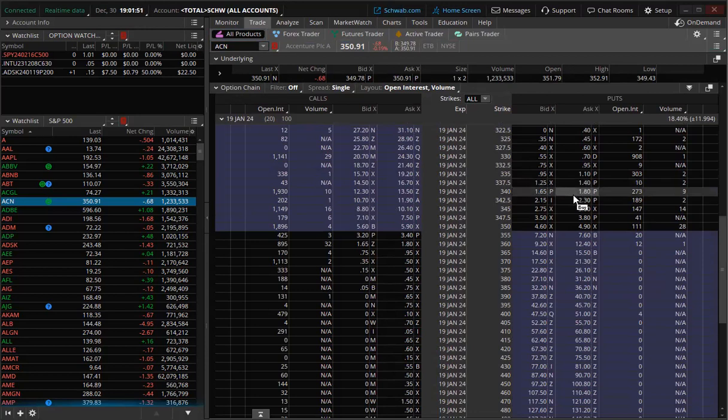When they're not in agreement, you've got a problem. And you don't want to be buying into a problem. Here goes a nice 490, 460, and at 350 is just right in the money.